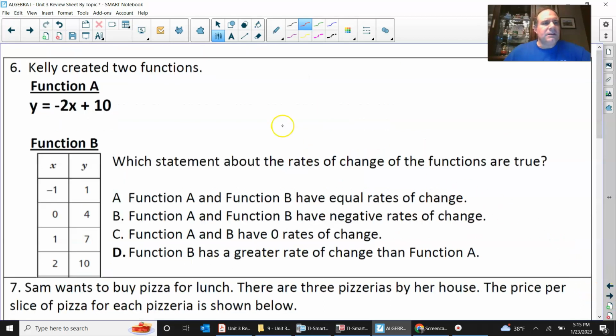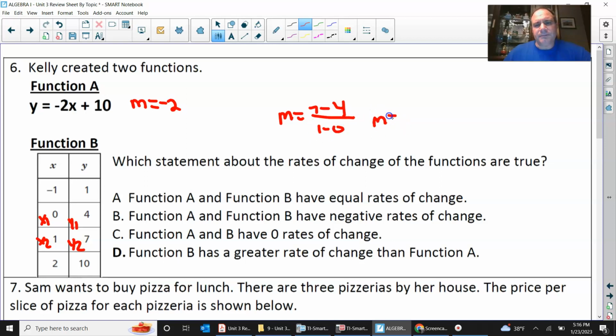And that's it. Kelly created two functions. Which statement is true? I'm going to just go do -2. Rates of change. Okay. So we have x1, y1, x2, y2. M equals y2 minus y1, which is 7 minus 4, and then 1 minus 0.